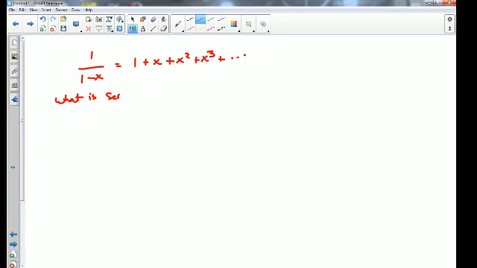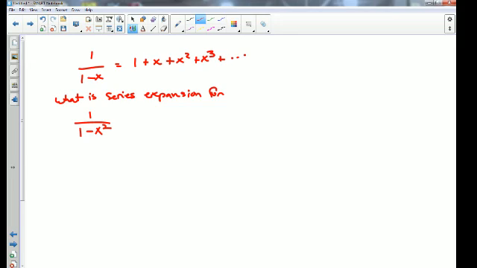Is the series expansion for 1 over 1 minus x squared. Notice there's no parentheses this time, right? It's a different style of problem. How do I get from the top one to this one? What's the difference? X squared. Yeah, I can substitute an x squared in there, right?